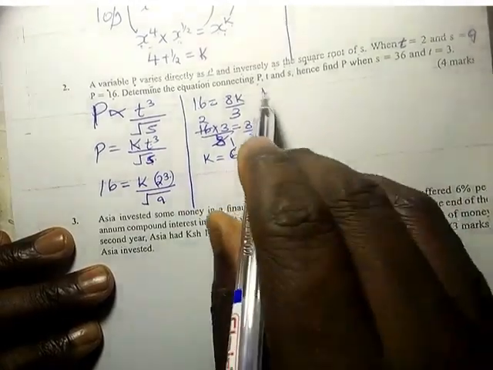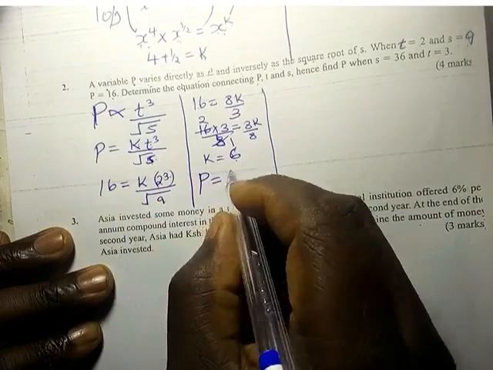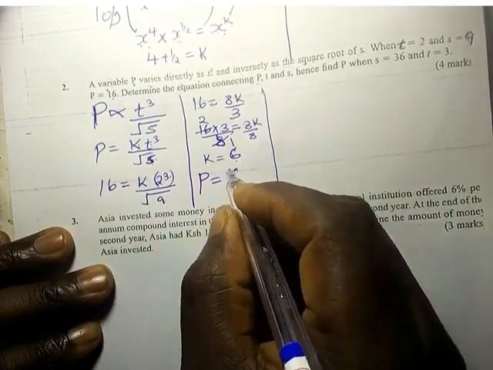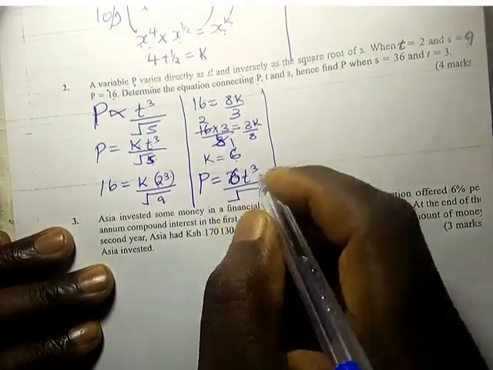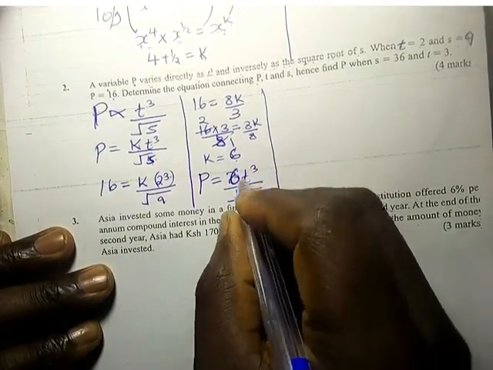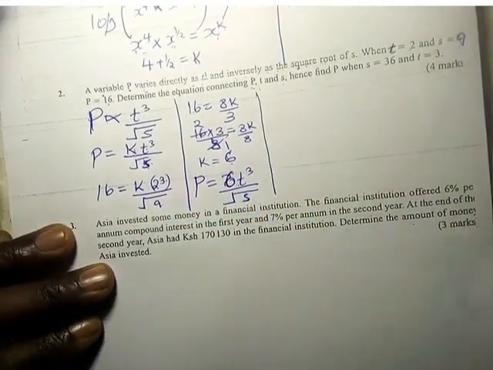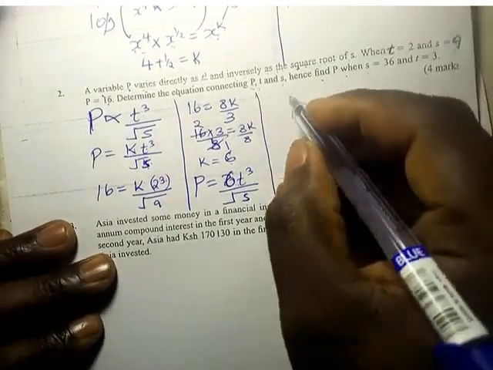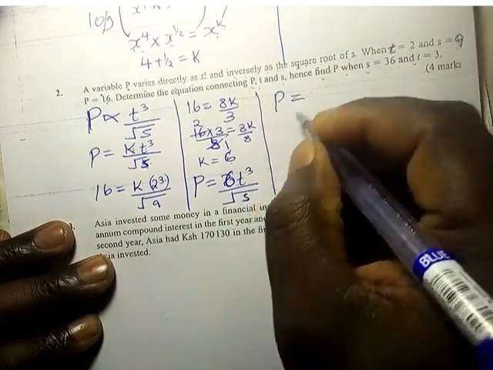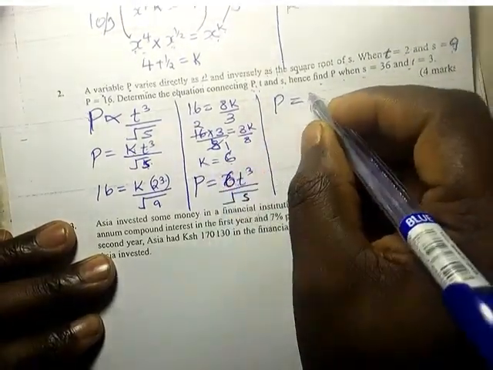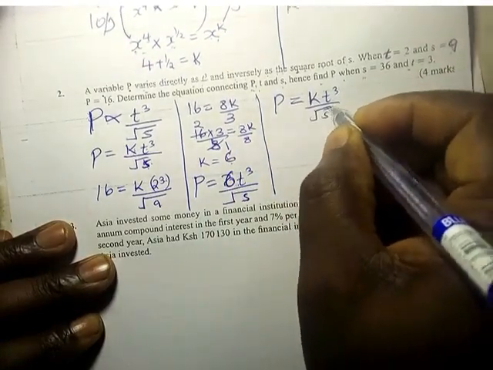So the equation connecting p, t, and s is p is equal to 6, which is k, times t cube divided by the square root of s. Now we want to find p when s is 36 and t is 3.